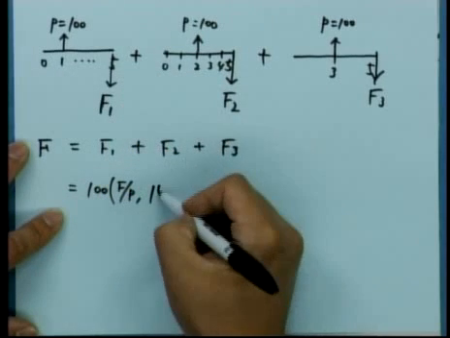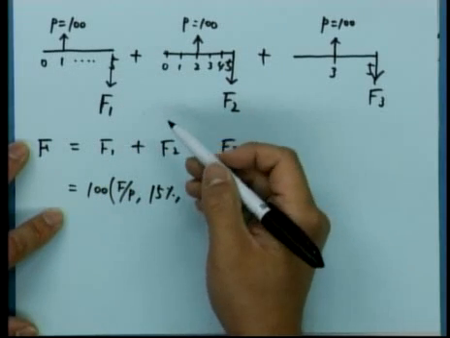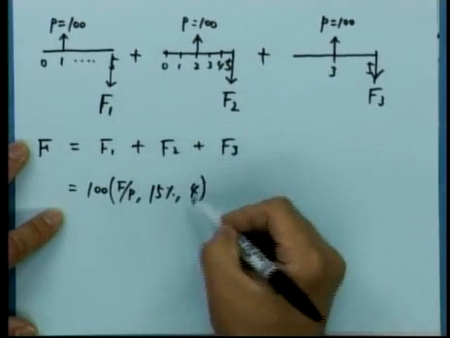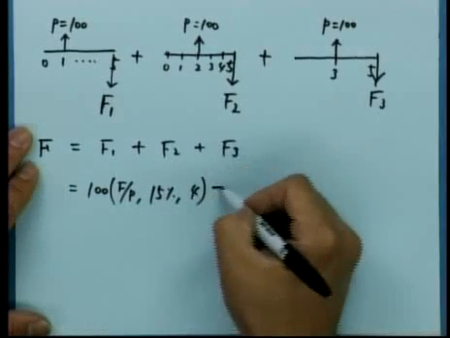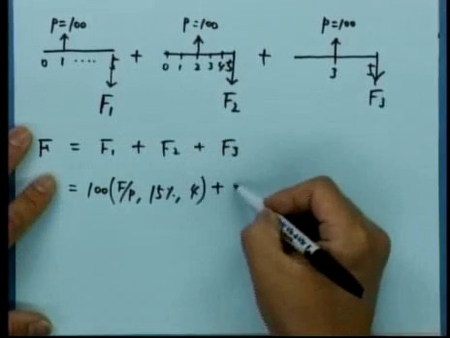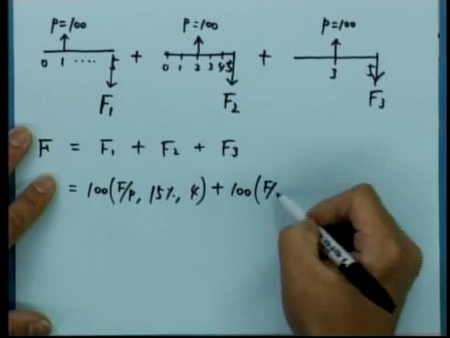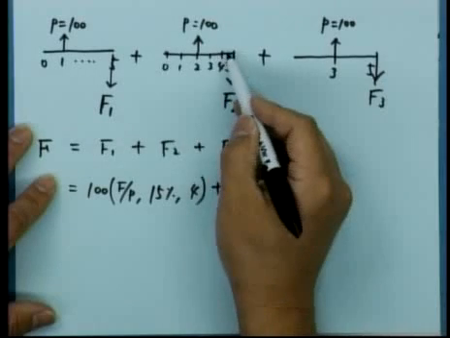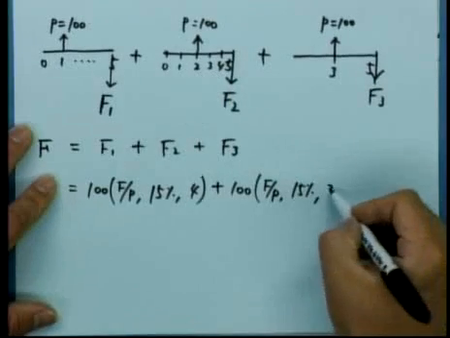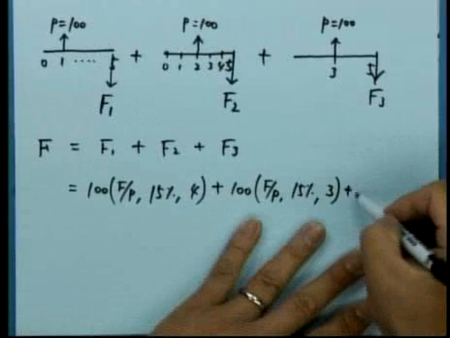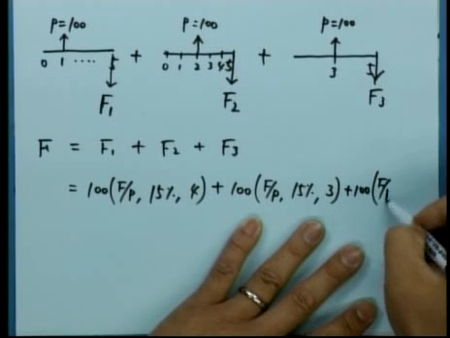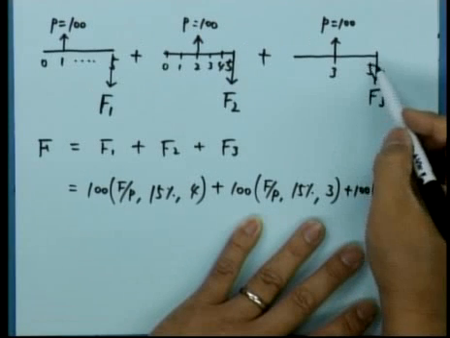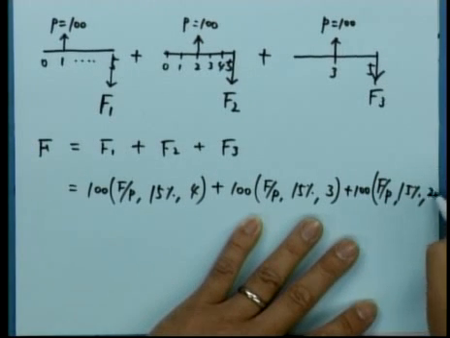And then 15% over how many years? From 1 to 5, over next 4 years, plus F2. F2 is again 100 times F given P, 15% over how many years? 3 years, from 2 to 5, right? Plus 100 times F given P, 15% over next 2 years, from 3 to 5. Okay?